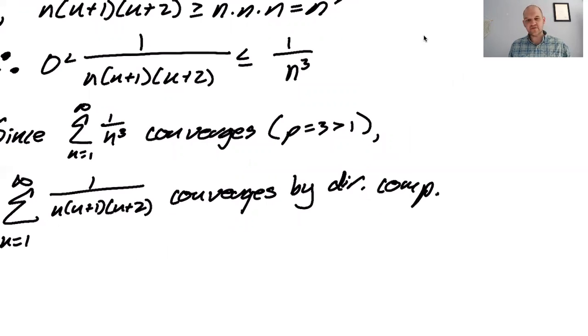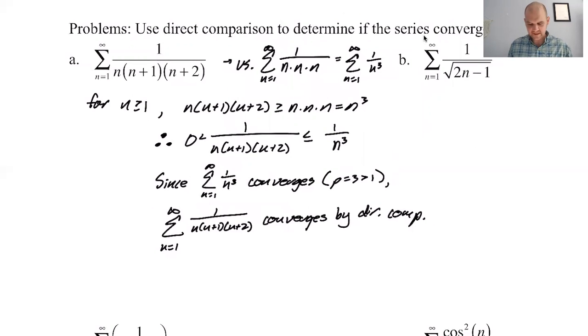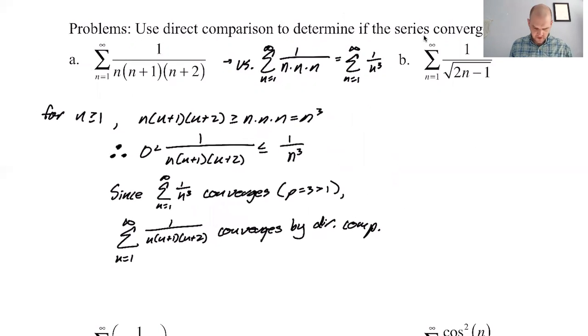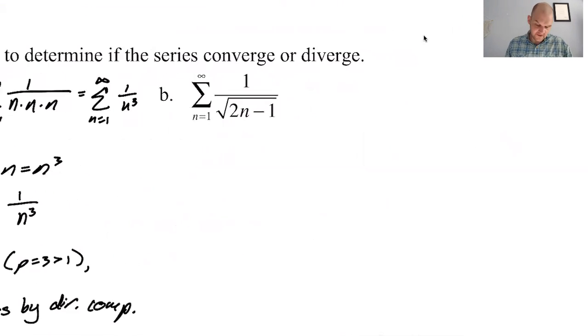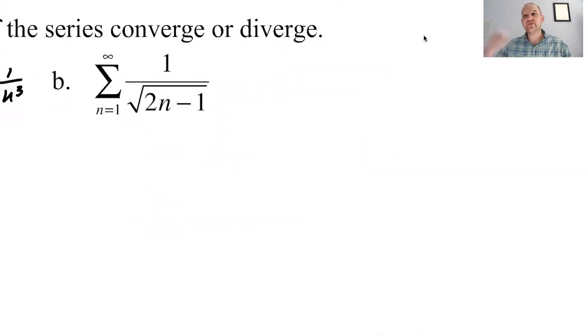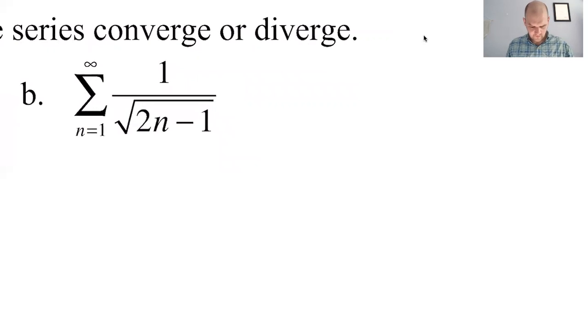It's pretty satisfying. It's a fun test to use because it feels very assertive, right? Like you have no choice. You have to converge. The challenge becomes, is the thing that you're going to compare it to on the right side? So here I have 1 over root of 2n minus 1.